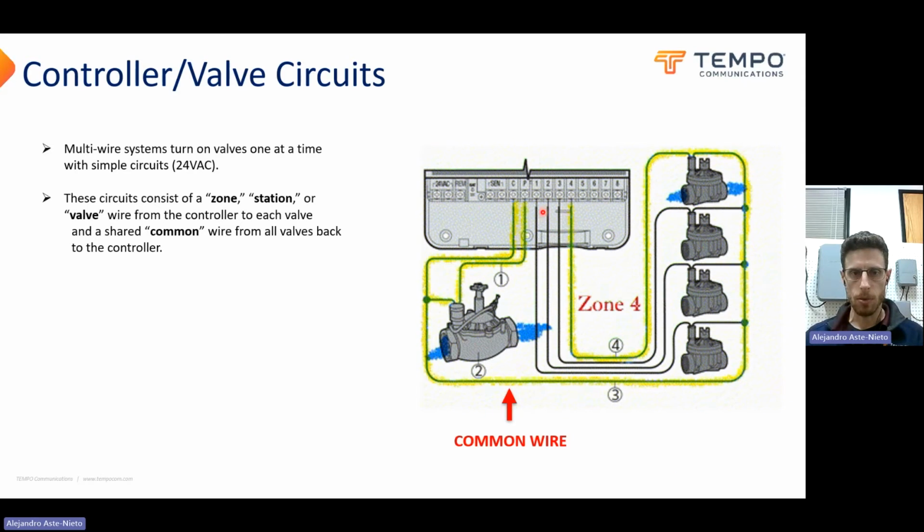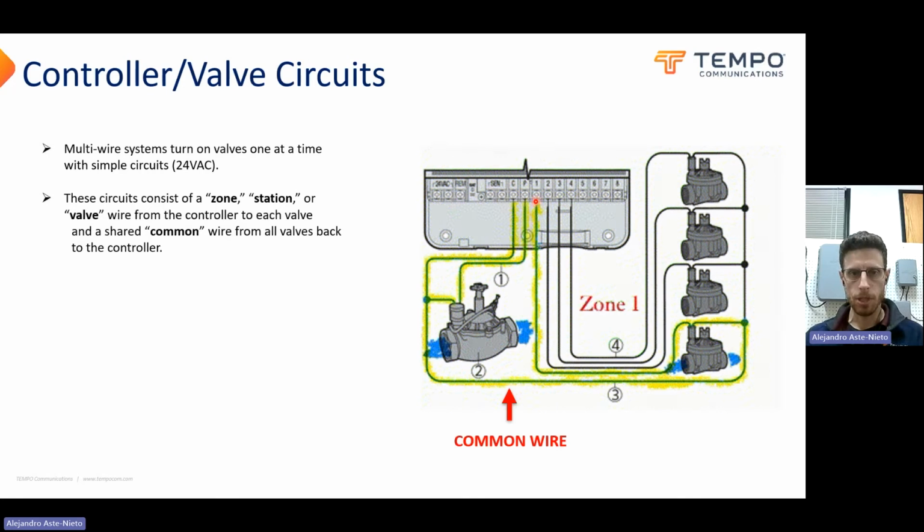As you can see here, we're engaging zone number 1, and it's using this common wire, and then we're using valve number 2 here, and it's also engaging this common wire. There's voltage on this wire no matter which valve is on.